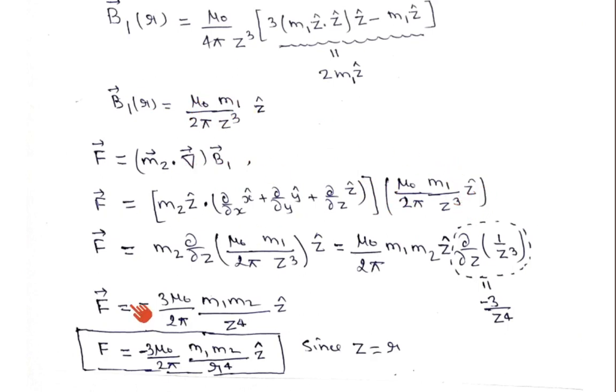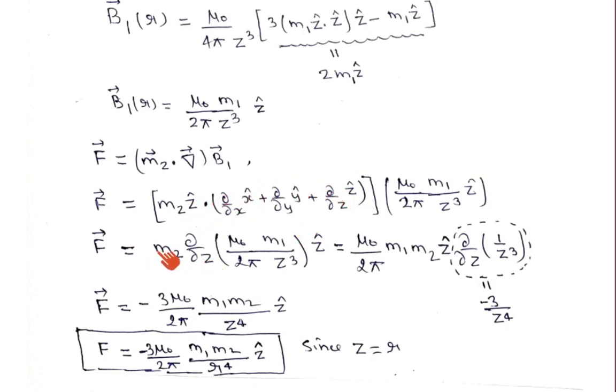Now if you solve this, only the z unit vector component will survive, and the other operator terms, del upon del x and del upon del y, will become 0, because the dot product will give 0.